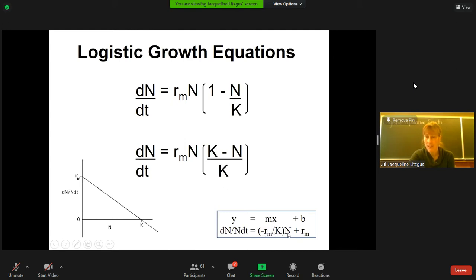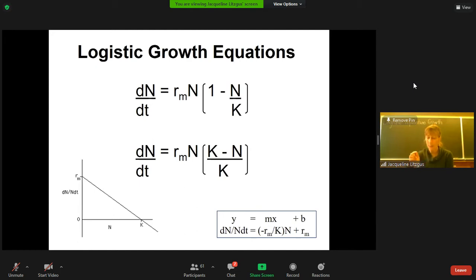And then X is the N value. And if you remember, b is the intercept, and in this case, the intercept is r. So you can see how we can develop the equation using this y equals mx plus b to represent the pieces of that straight line on that graphic.